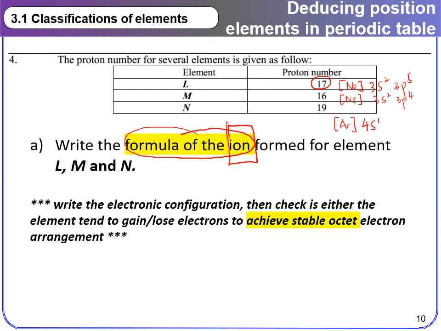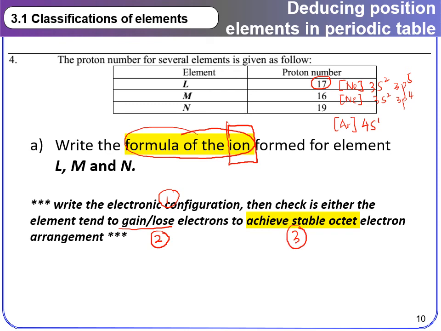After we write the electron configuration, this is step 1. Then we need to check whether the element tends to gain or lose electrons. What is the purpose of gaining or losing electrons? To achieve the stable octet electron arrangement.